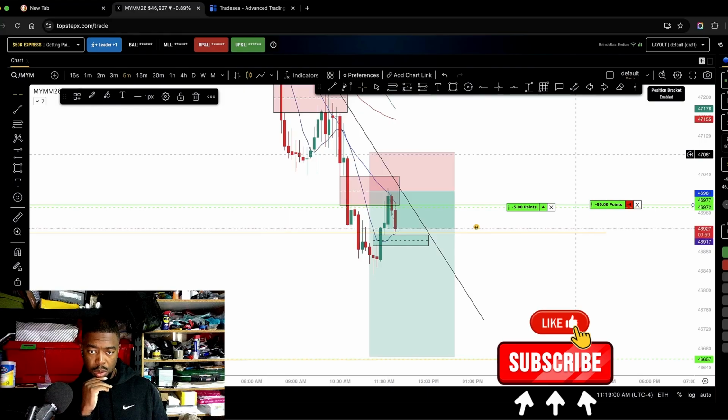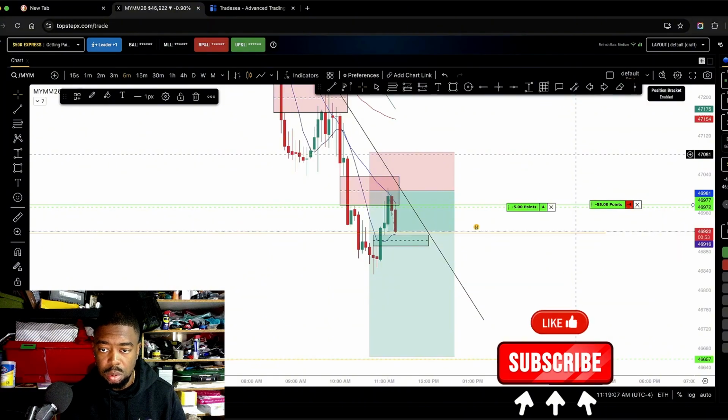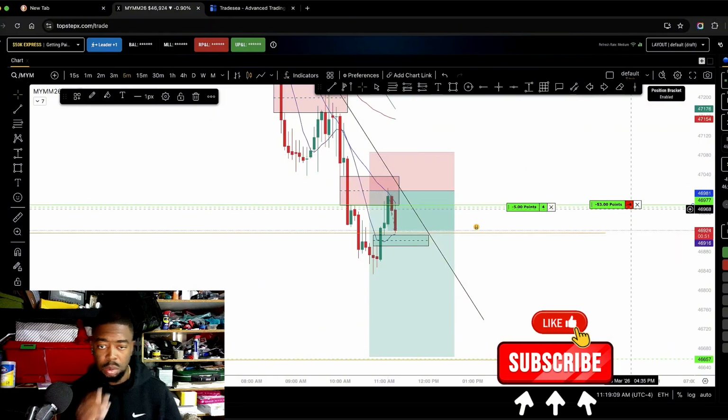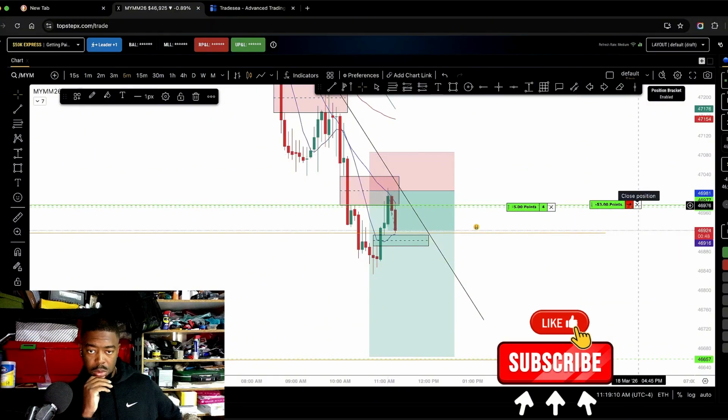I don't want to see a bounce. I want you to break through that. Because if we get a bounce, I'm closing. I need a strong push through.